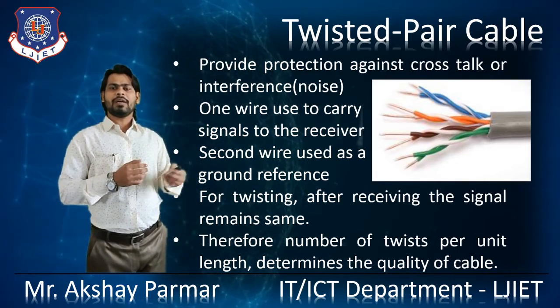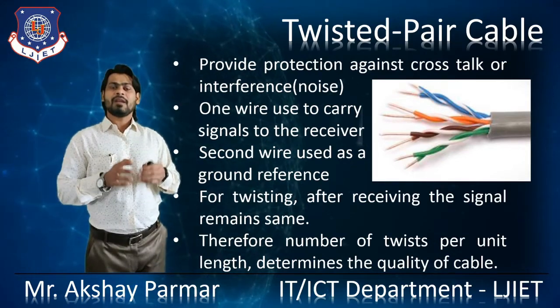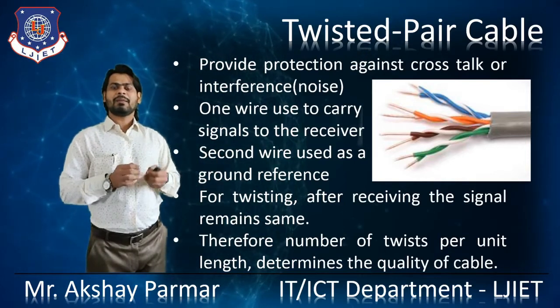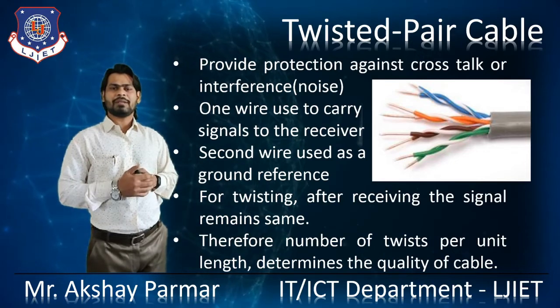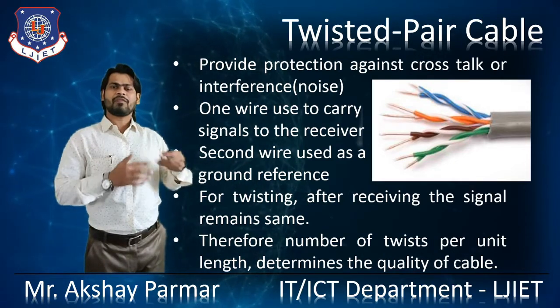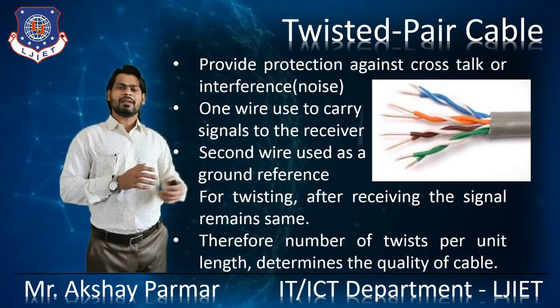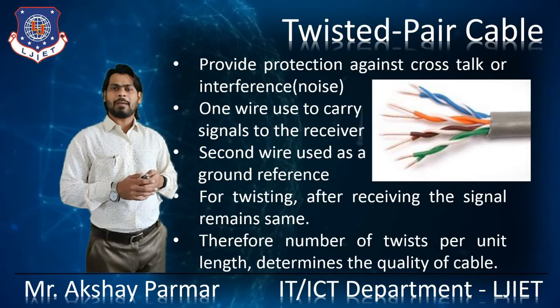The quality of the twisted pair cable is determined by the number of twists per unit length, right? For example, you get n twists per foot or n twists per meter. They decide the quality of the twisted pair cable.